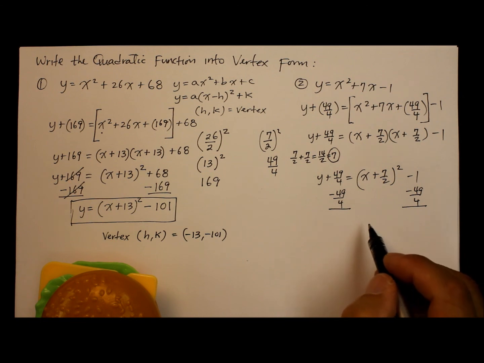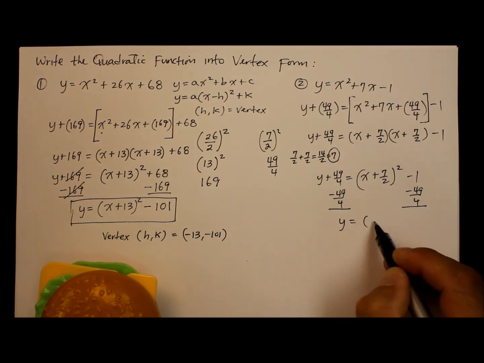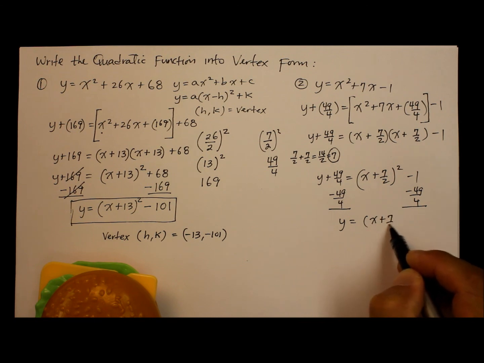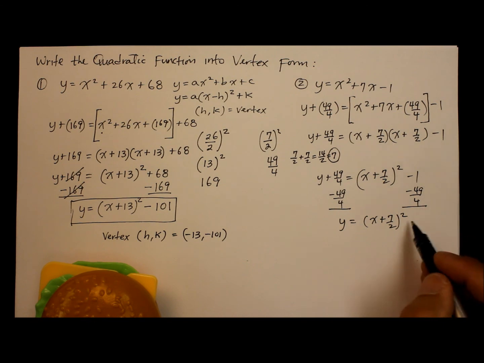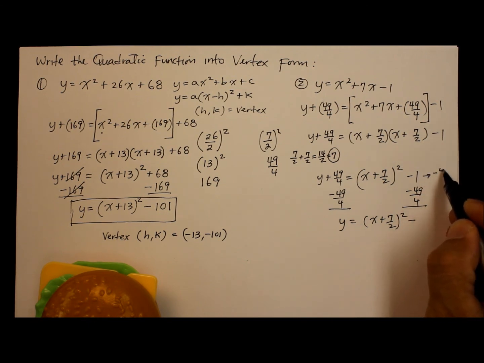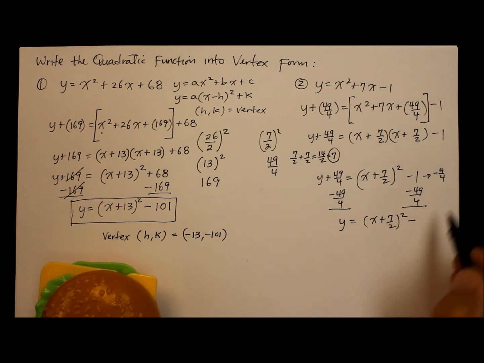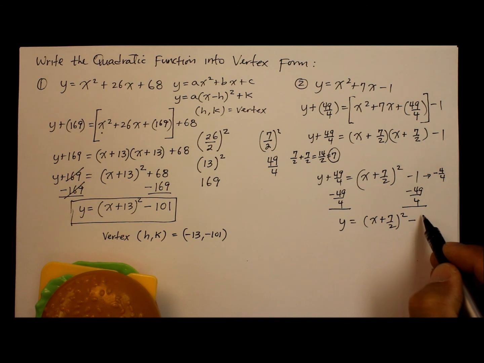So you end up with a vertex form, as ugly as it is. y is equal to the quantity x plus 7 over 2 squared. And since they're both negative, it's still going to be negative. And 1 is like saying negative 4 over 4. So it's going to be negative 4 and negative 49. It's going to be negative 53 over 4.